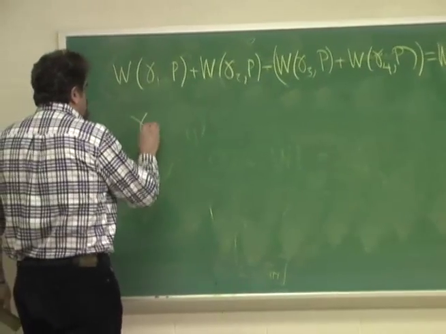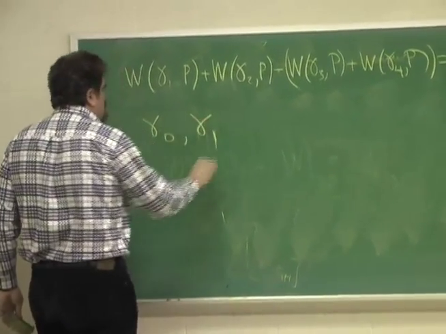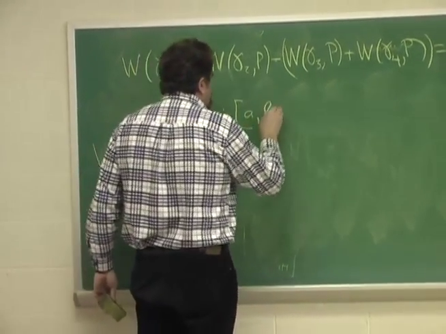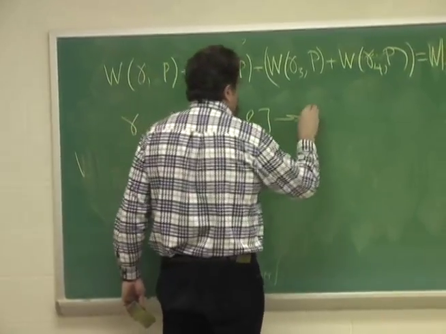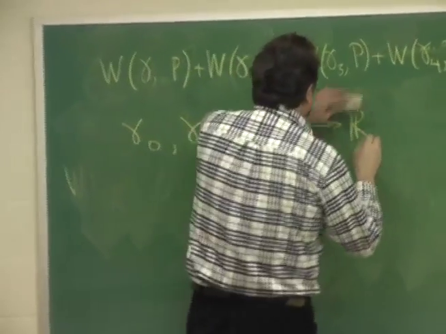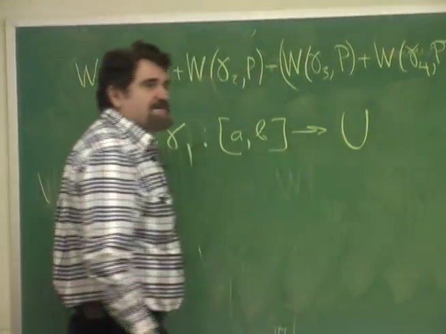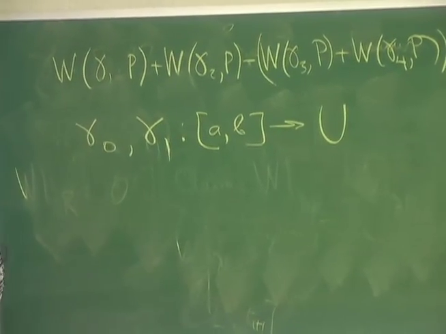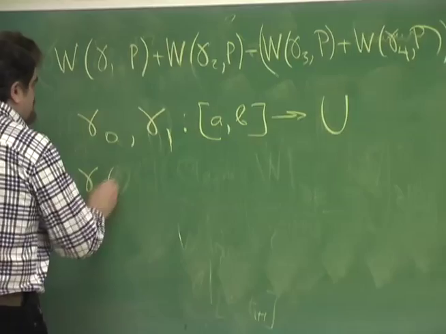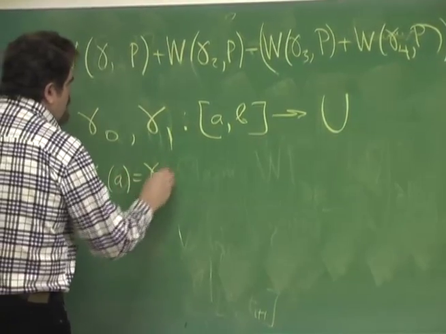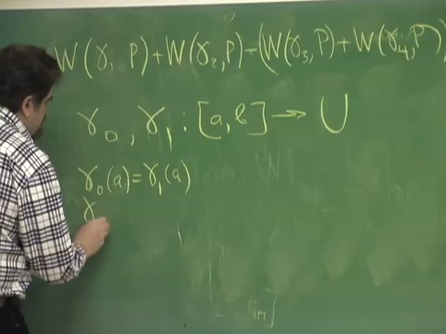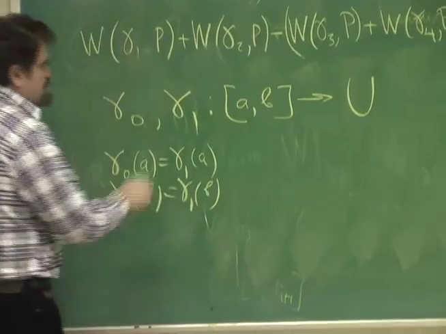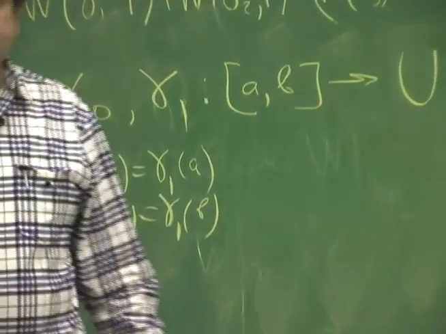Consider two curves, that means two mappings from the same interval [A, B] to U. U is an open subset of the plane, such that gamma 0 of A equals gamma 1 of A, and gamma 0 of B equals gamma 1 of B.